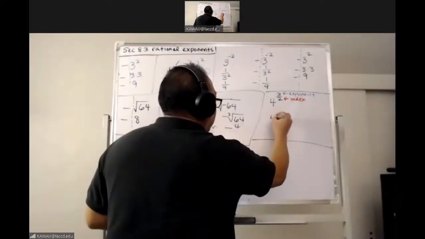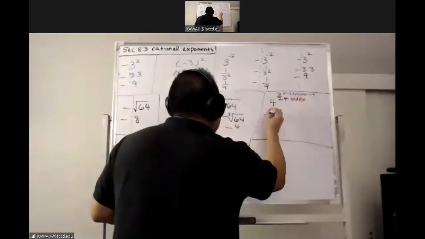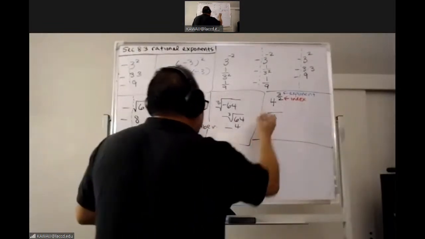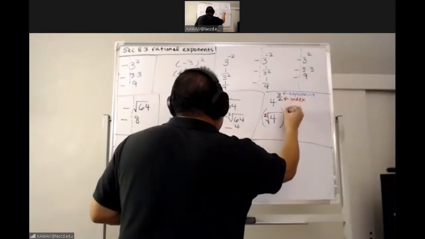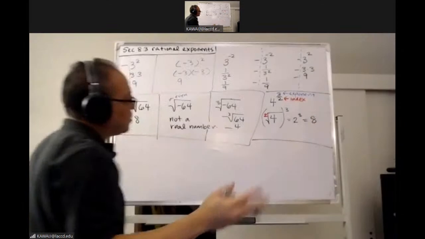So this is a 4. My index is a 2. My exponent is a 3. So this is equal to 2 cubed, which is 8. 2 times 2 times 2.